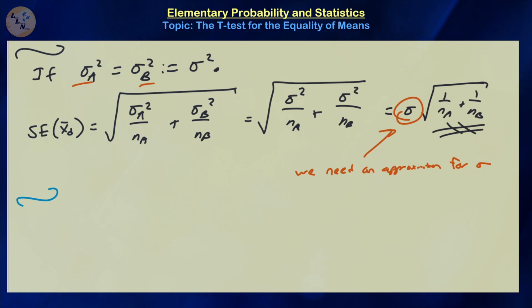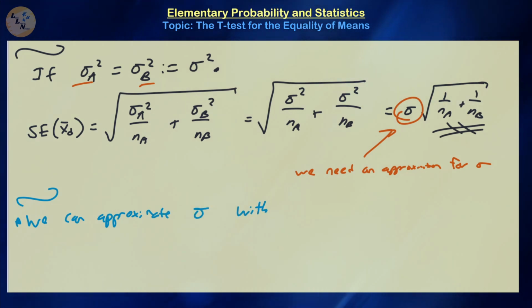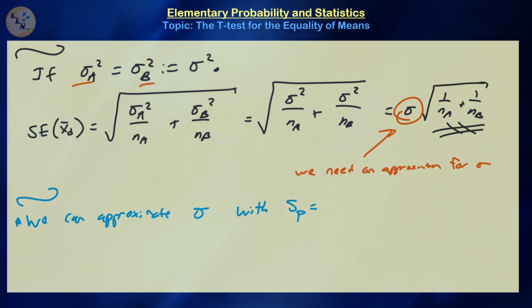We can approximate sigma with the pooled standard deviation, because you can't use the standard deviation of one of them or of the other one. You need to use a weighted standard deviation between both of them. That's where the pooled variance comes into play. And keep in mind, the pooled standard deviation is just the square root of the pooled variance.